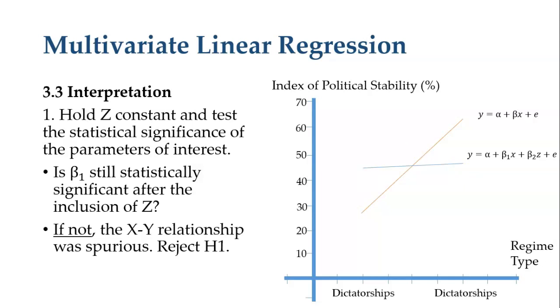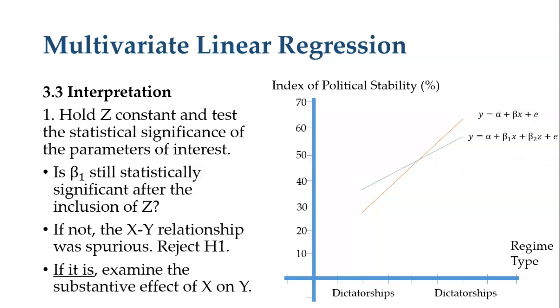So it was artificial, and the inclusion of C helped us to see that this was not a real effect of X on Y. That was caused by something else, that in this case was C. Okay, so that's what happens when the relationship is spurious.